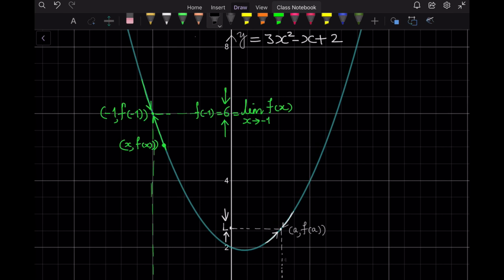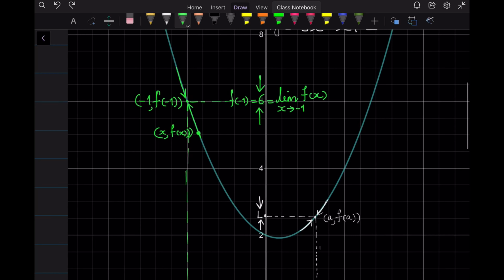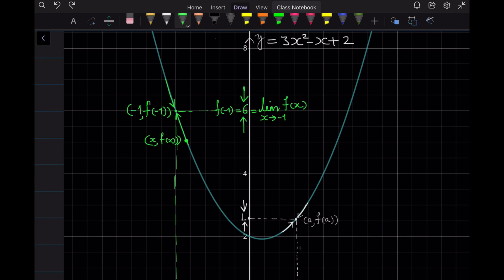Now, have you ever seen the graph of a polynomial function with breaks in it? So, no. The graph of any polynomial function is free from breaks. And we'll learn more about the breaks in the graph of a function when we deal with the topic of discontinuity of a function. So right now, let's focus on the graph of a polynomial function.